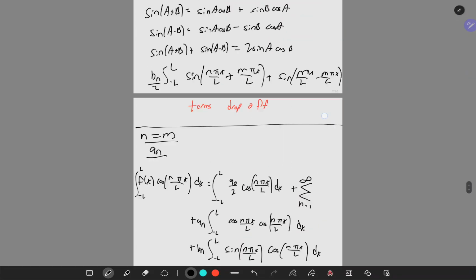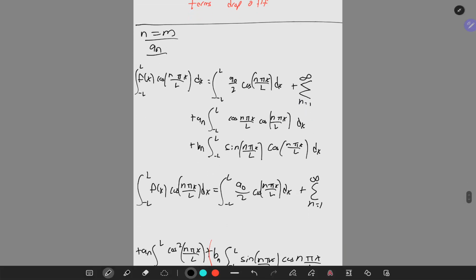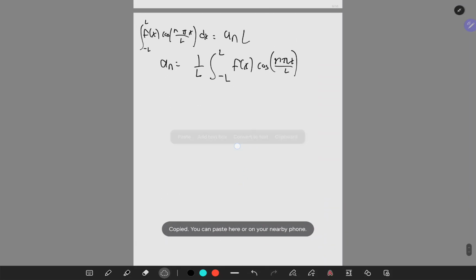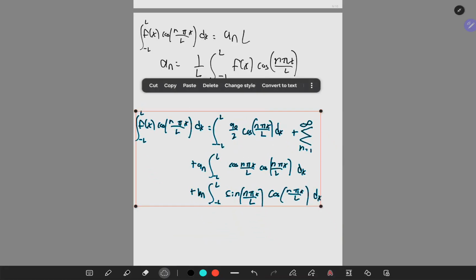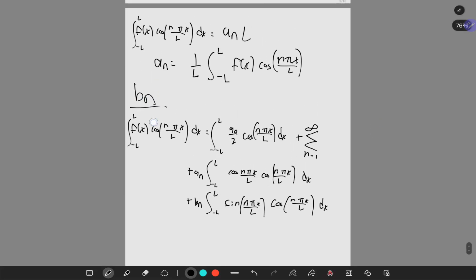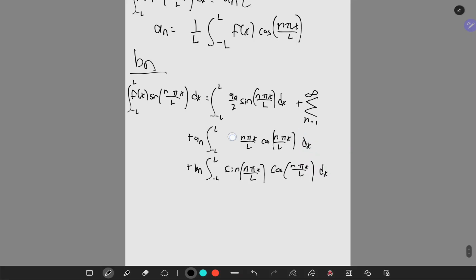So now really quick, just looking at b sub n, it's really going to be easy now. You just do basically the same exact thing as we just did. In this case we're looking at sine now, so this will still be cosine, this would be sine, this would be sine.